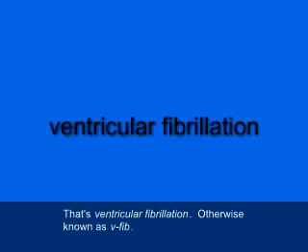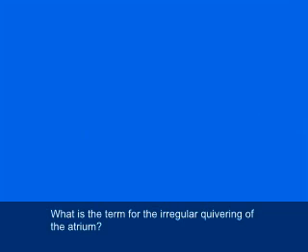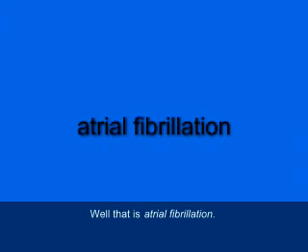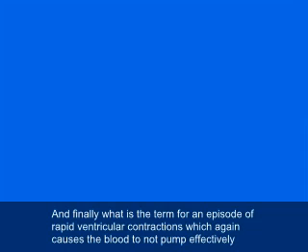What is the term for the irregular quivering of the atria? Well, that's atrial fibrillation. And finally, what is the term for an episode of rapid ventricular contractions, which again causes the blood to not pump effectively to the rest of the body?